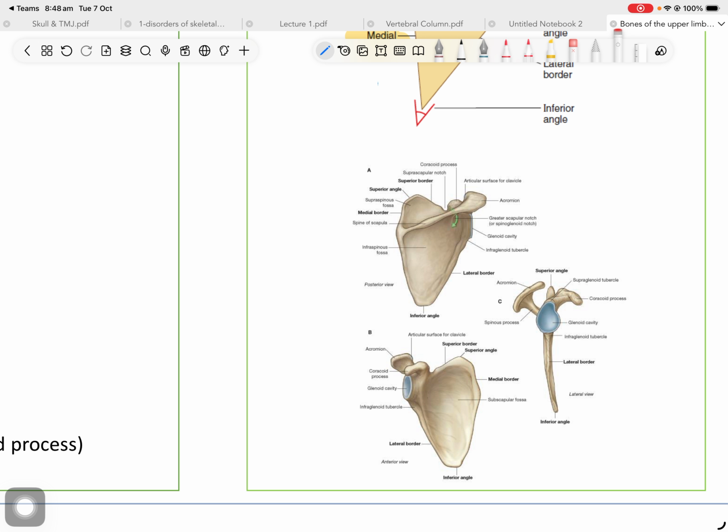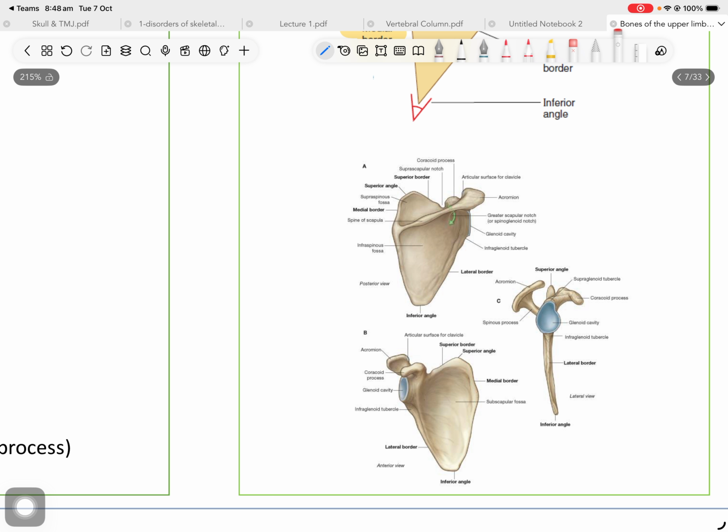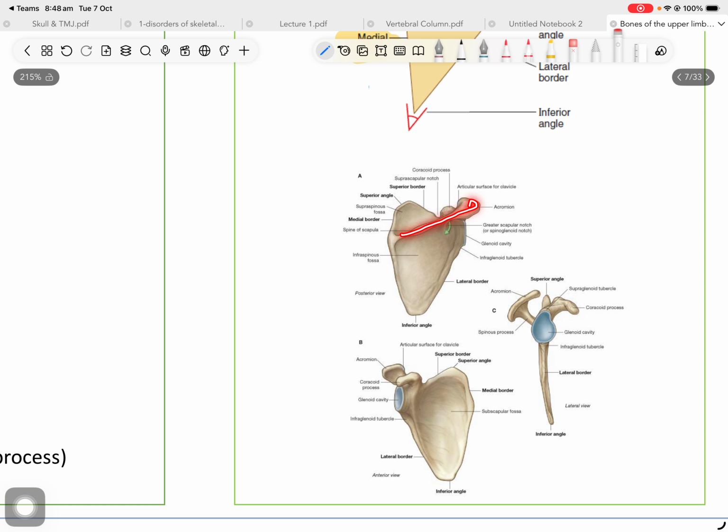Okay? When I move along the spinous process here up to the end, I come to a process, we call it the acromion. So the acromion is located at the lateral end of the spinous process. Anterior to the acromion, I have another process, we call it the coracoid process.